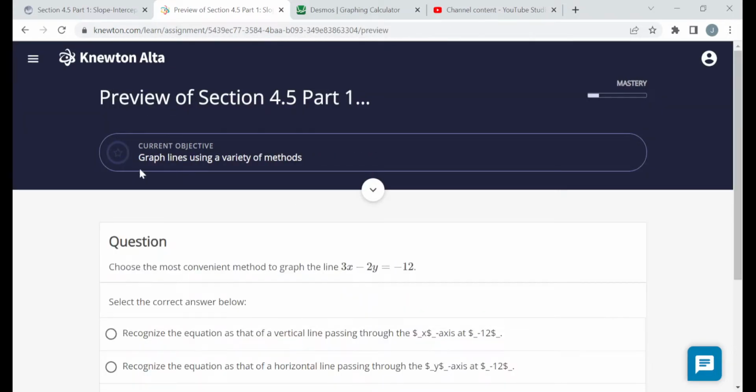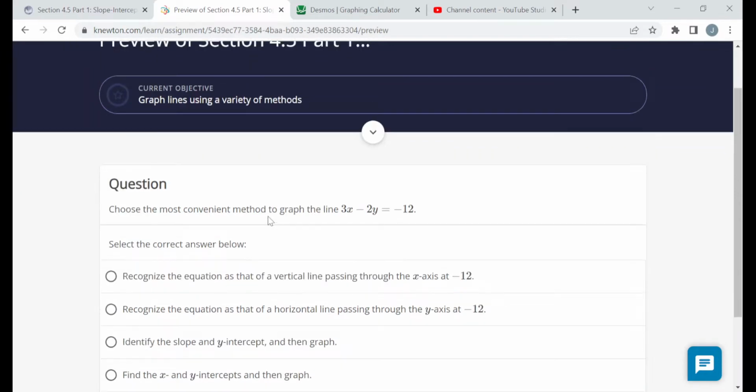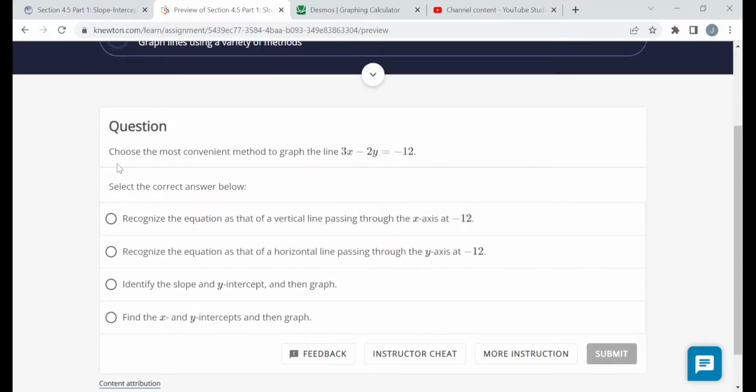All right, so this is graph lines using a variety of methods. All right, choose the most convenient method to graph this line. Now, remember, equations that are in standard form like this, when the coefficients of x and y are both factors, they both go into the constant on the other side evenly, it would be very easy to find the x and y-intercept and then graph.